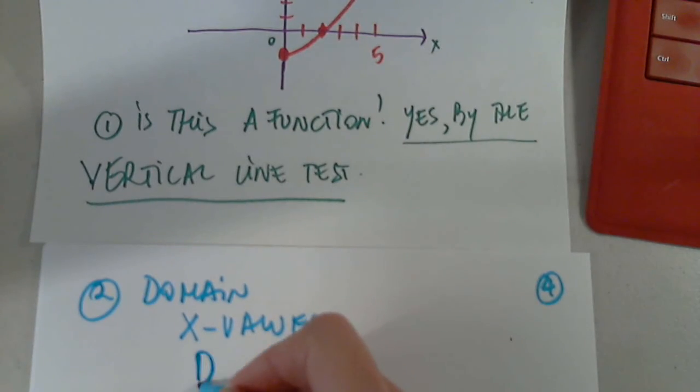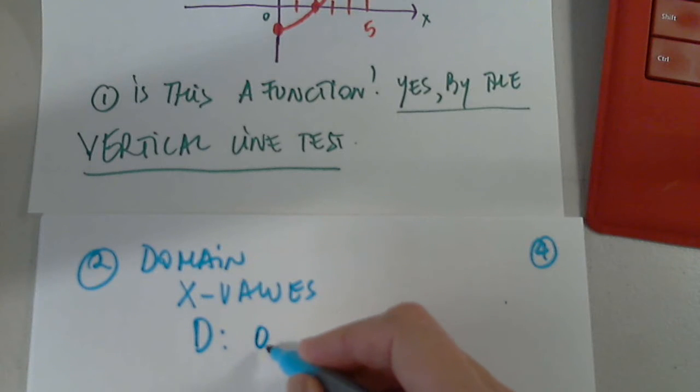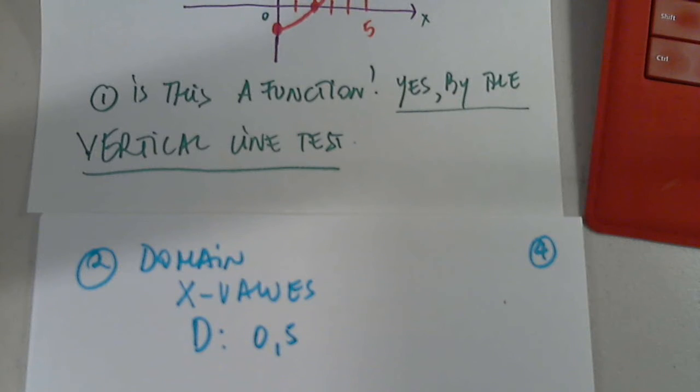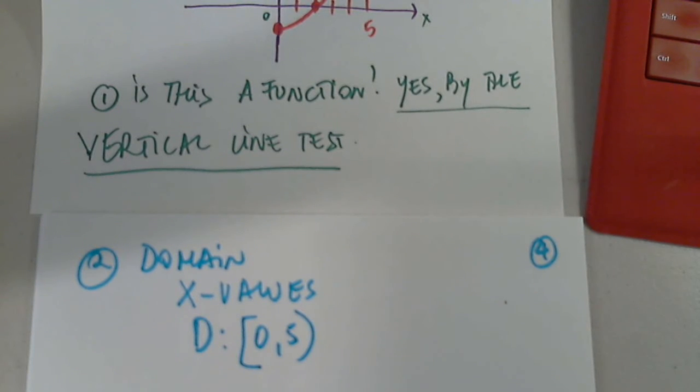We're going to write D. Can anyone give us the domain of this function? 0 to 5. It is 0 to 5. Which symbols do we use? Parentheses. For which one? For 5. Yes, indeed. And the bracket for 0, because at 0 it's a full point, and at 5 it's not. Great job.